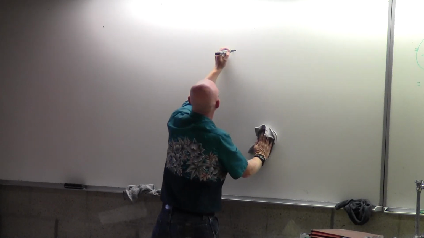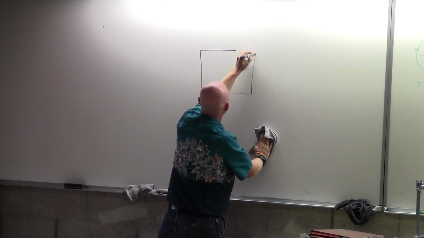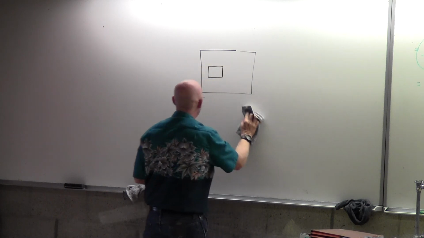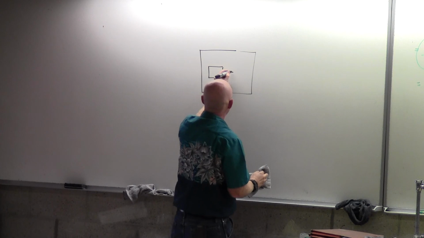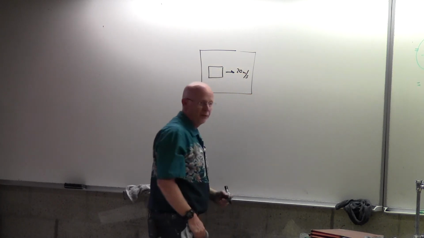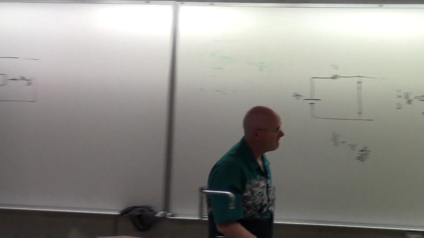And so over here, here's that rectangular cross section. And here's this little rectangle that is moving pretty fast through the center part.